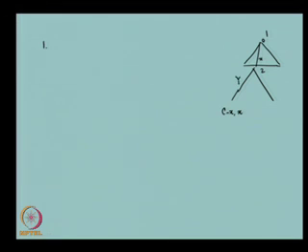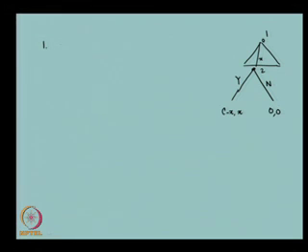This is the case if player 2 says yes, that he is accepting the offer. If player 2 says no, both the players are getting 0. So, this was the structure of the ultimatum game. We have to find out what are the subgame perfect equilibria here.